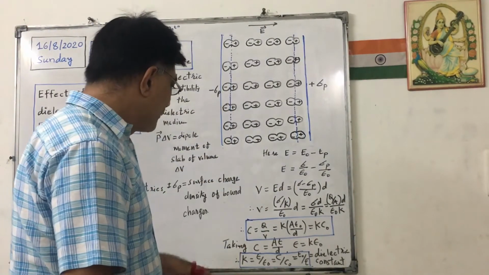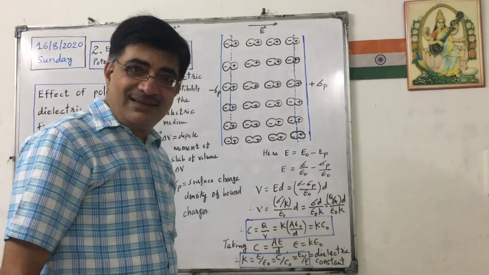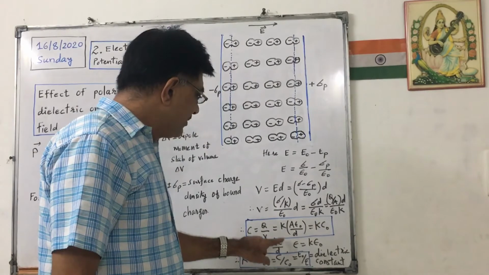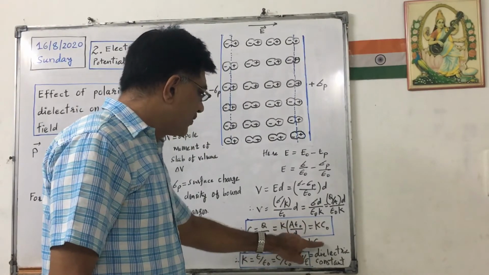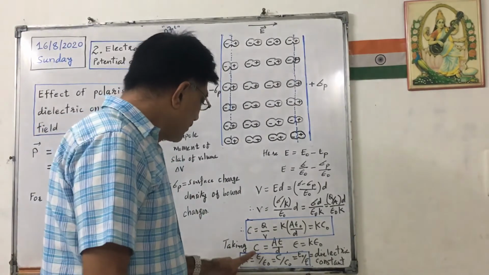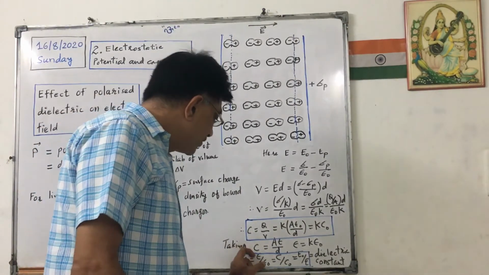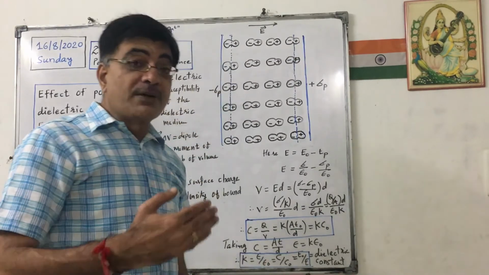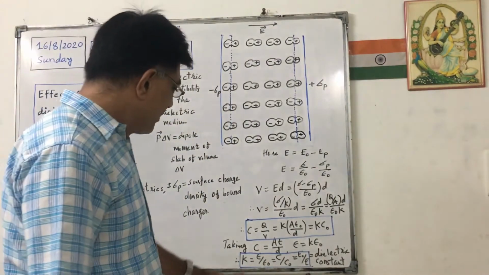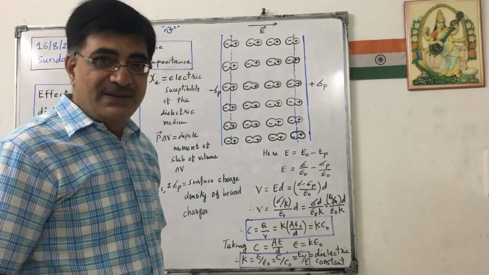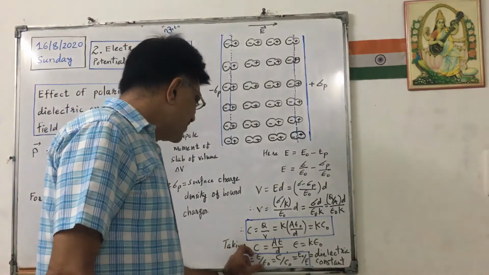So C will be equal to A epsilon upon D. That means if we compare these two, epsilon will be equal to K into epsilon naught. So capital K is epsilon upon epsilon naught. It is called dielectric constant. The other name is relative permittivity, because permittivity of the medium is divided by permittivity of free space.